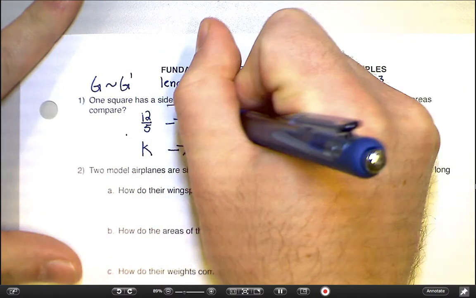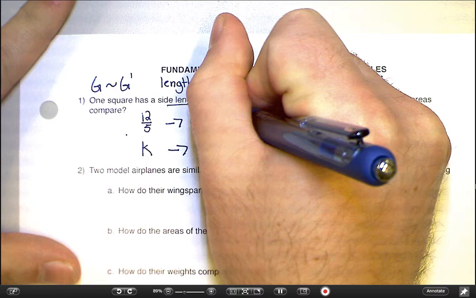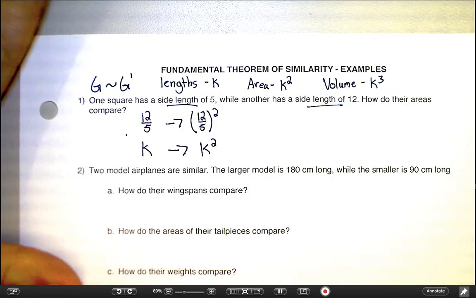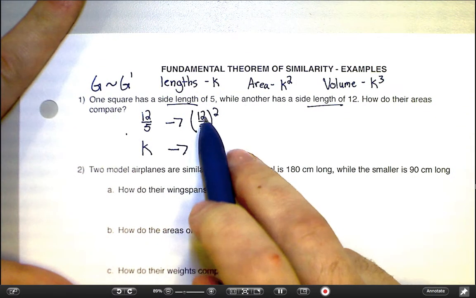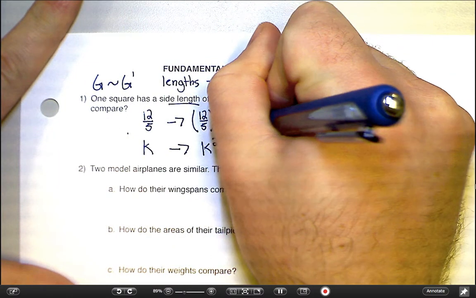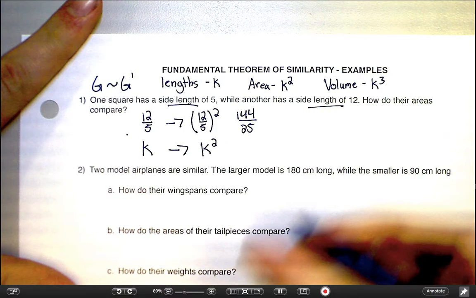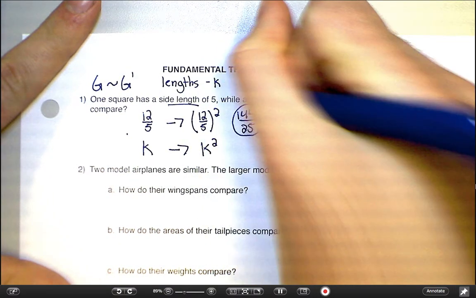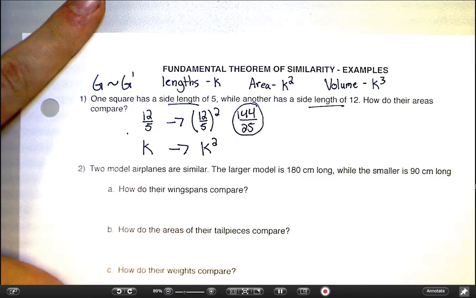But I do need to go ahead and take that 12 over 5 and raise it to the second power. And when we square a fraction like this, we square both the top and the bottom. So we're going to square the 12, which gives you 144, and 5 squared gives us 25. Right, this is going to be one of our answers for how those areas would compare.